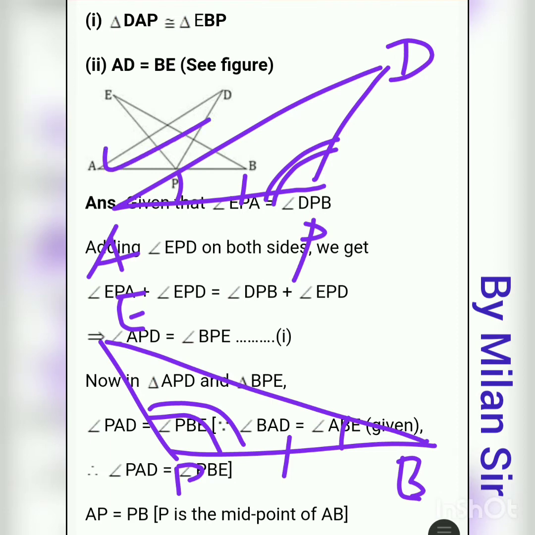So here angle, side, angle; here also angle, side, angle. So by using the angle-side-angle criteria, we can say that these two triangles are congruent.